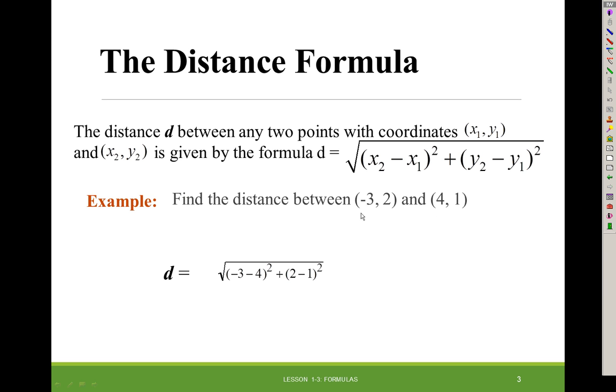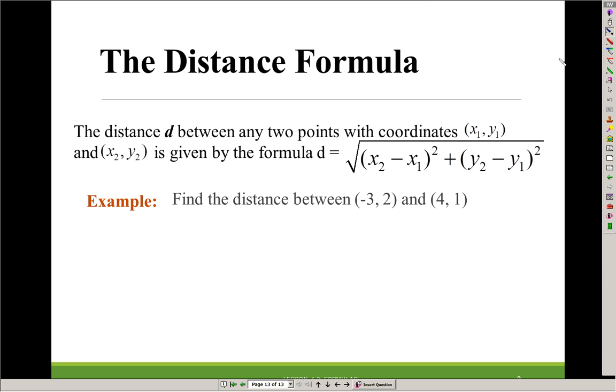So if I want to find the distance between the points -3, 2 and 4, 1, use the distance formula. X minus x. And if you need to label x1, y1, and x2, y2, feel free to do that if it helps you. So, second x is 4, minus the first x is -3.